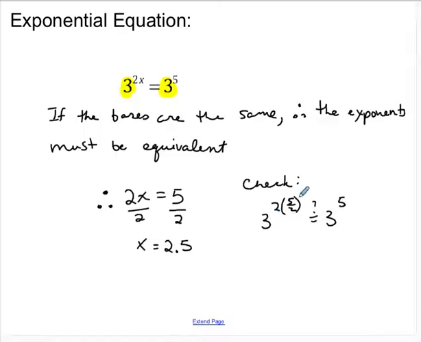And indeed, here I get 3 to the 5th power, because those 2's cancel out, so I get 3 to the 5th power, which is equal to 3 to the 5th power. Okay. So as long as the bases are the same, then we can set those exponents equal to each other and use that as a maneuver by which to solve.